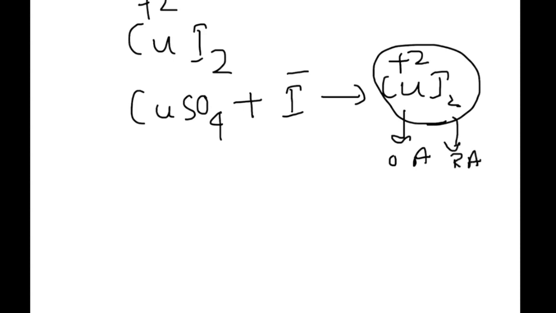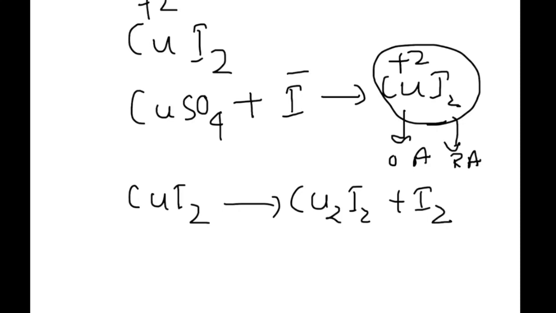So cupric iodide again decomposes to form cuprous iodide plus I2. Cupric iodide cannot exist. This is converted to the Cu2I2 form.